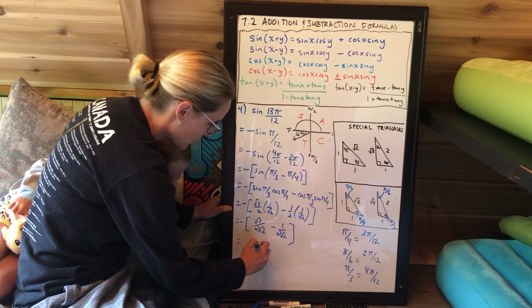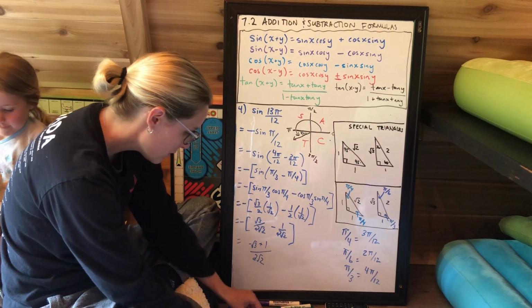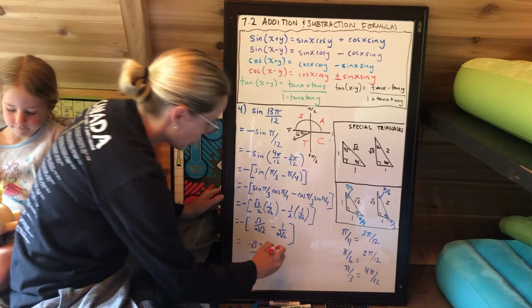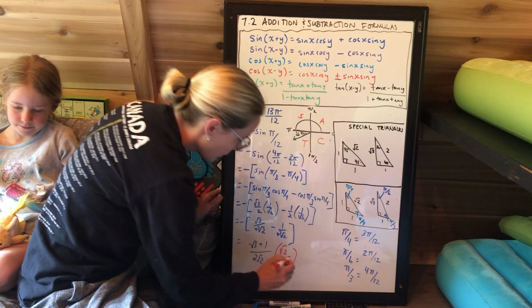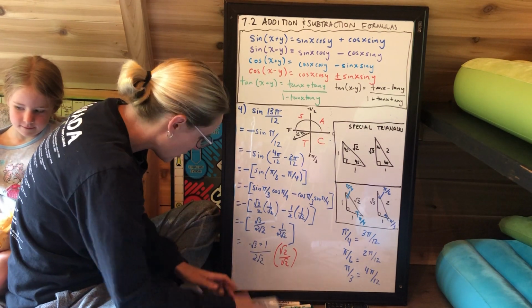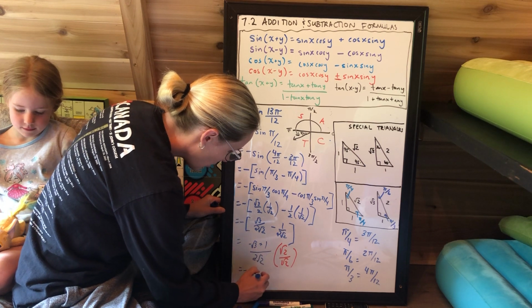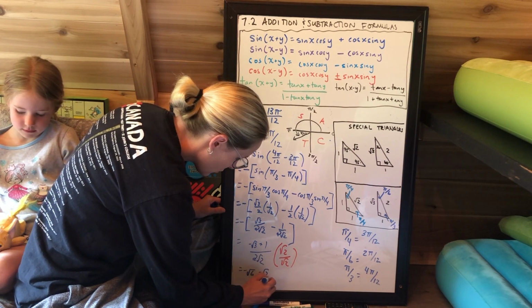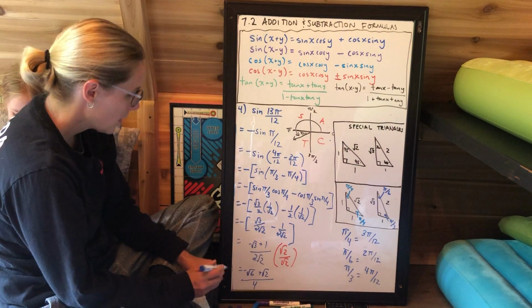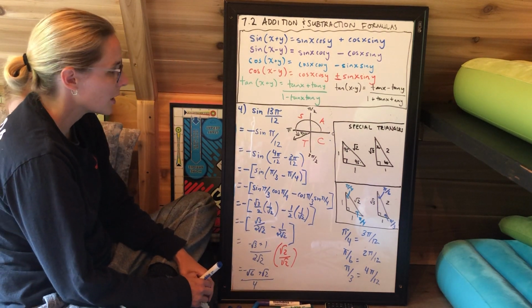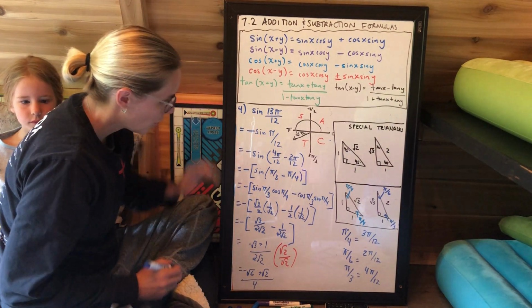Negative times negative 1 is positive 1. So I'm left with that, and the very last thing you have to do is simply rationalize. So you're going to multiply both the top and the bottom by root 2, and then you get a final answer of negative root 6 plus root 2 over 4.